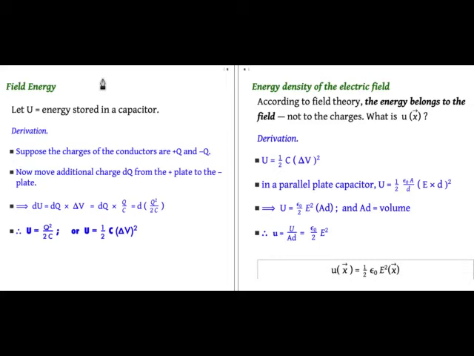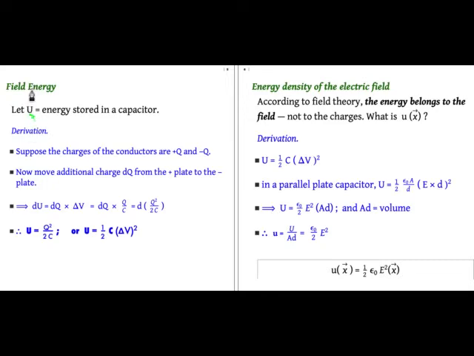All right, now I mentioned the energy stored in a capacitor. A capacitor separates positive and negative charge. So that stores up charge. And there's an energy stored in the capacitor. We call the energy U. And according to field theory, it's energy of the electric field in the space between the two plates.